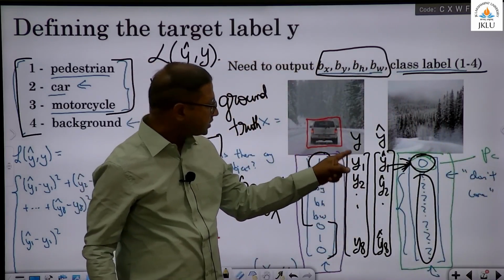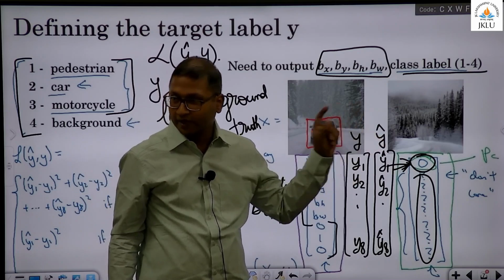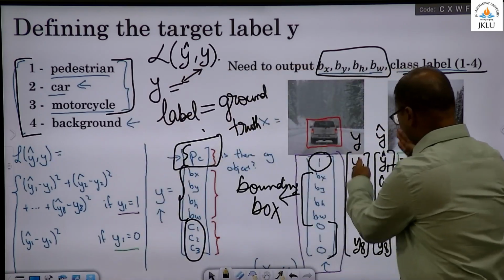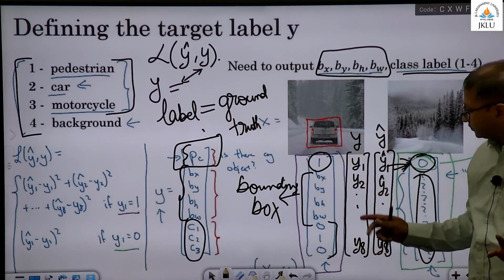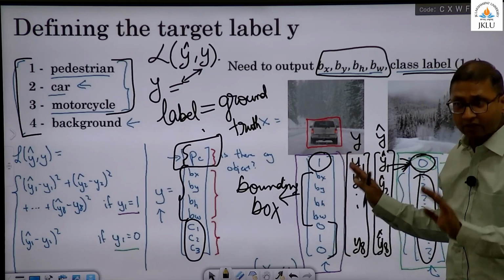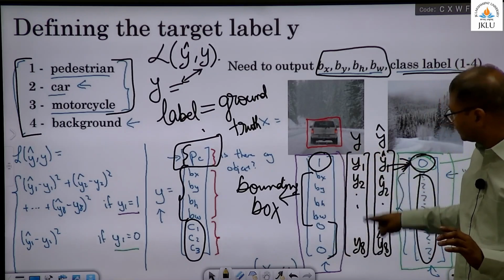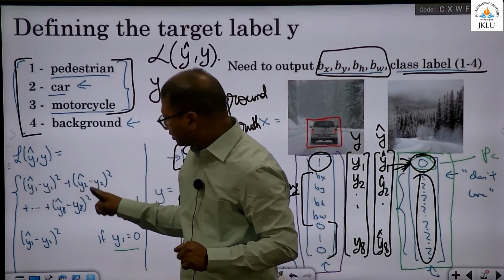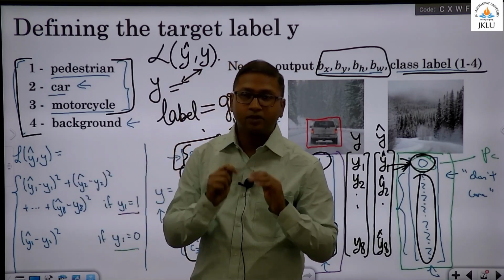So this is Y, this is Y hat, and these are the corresponding values from Y1 to Y8. For the sake of this argument we are not calling them PC and so on. So tell me, how will my loss function look like?